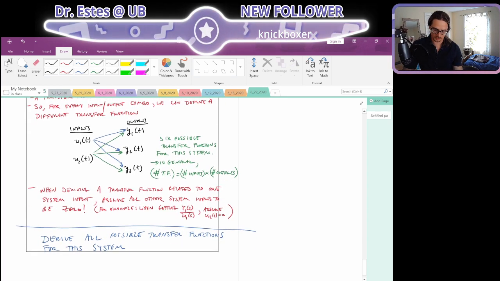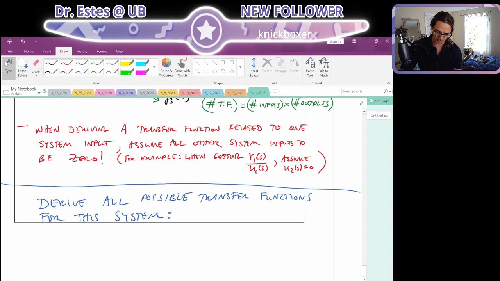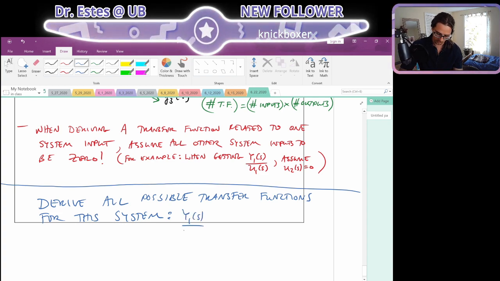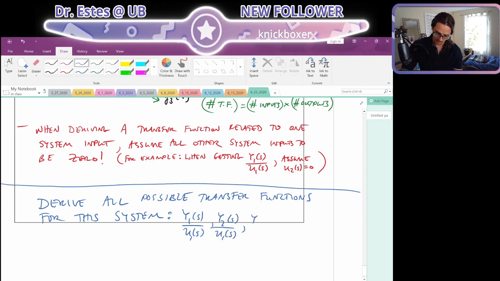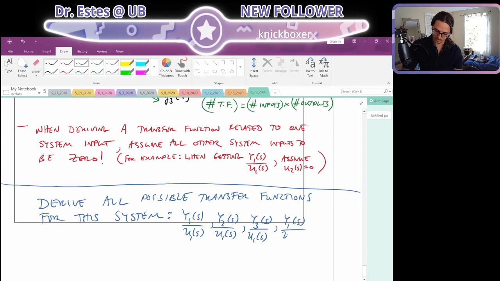So the first thing I do if I'm confronted with a problem like this, I might just write out in advance what these transfer functions could be. y1 of s over u1 of s, y2 of s over u1 of s. Remember, transfer functions are output divided by input, not the other way around. And then I can also have all 3 of those outputs divided by my second input.